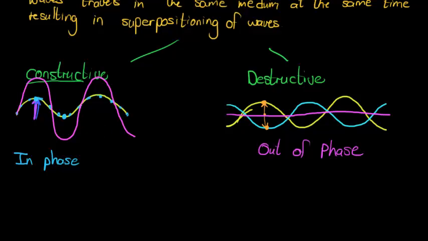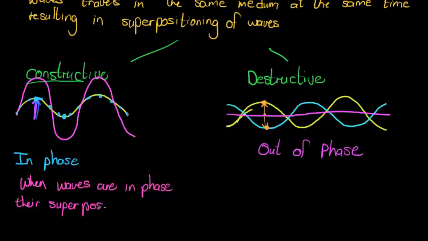Okay, so if I had to summarize all of this in a sentence, I would say when waves are in phase, they're superpositioning, in other words, adding the waves, amplifies.